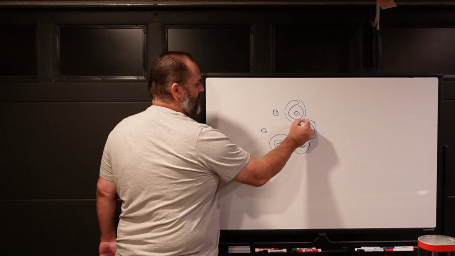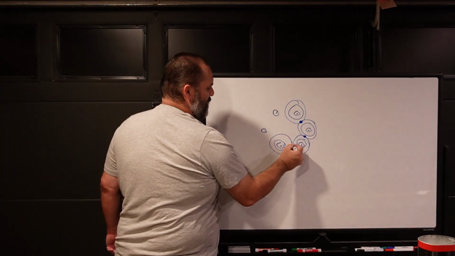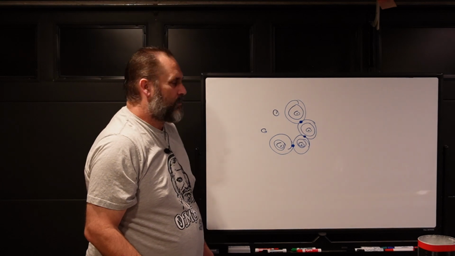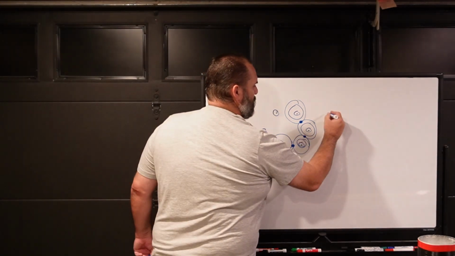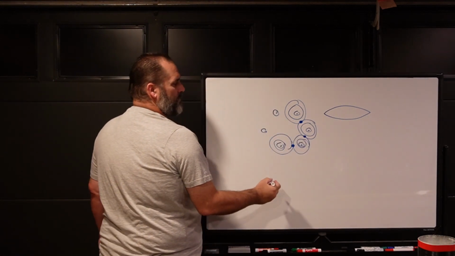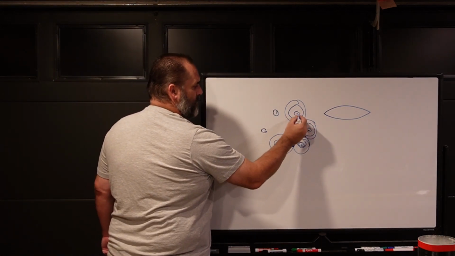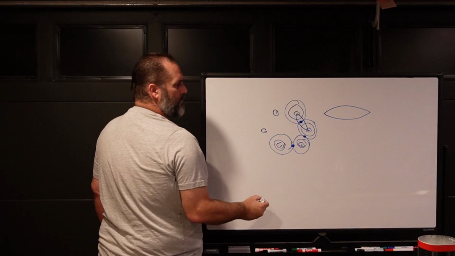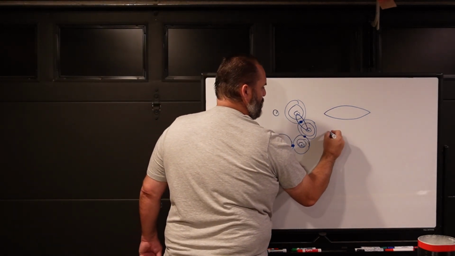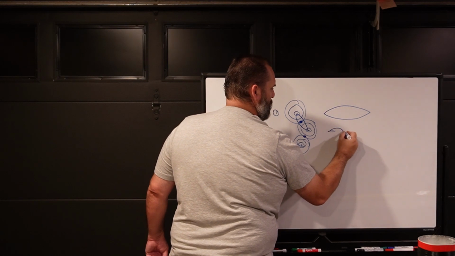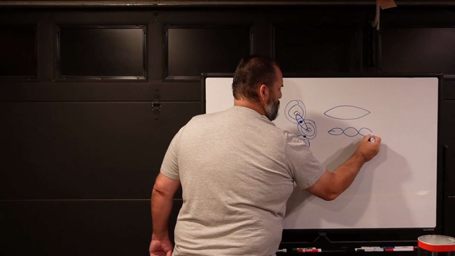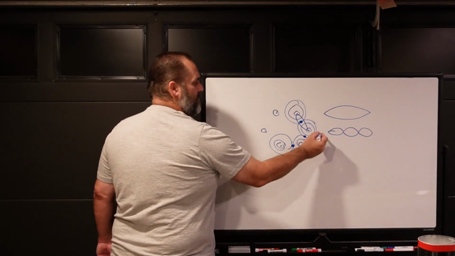Here is the point of intersection. In that point of intersection, this is not 1-to-1. 1-to-1 is here. Right here, is this.